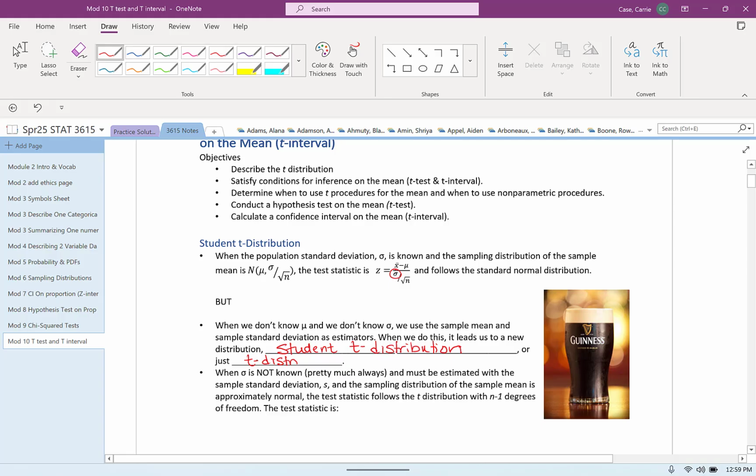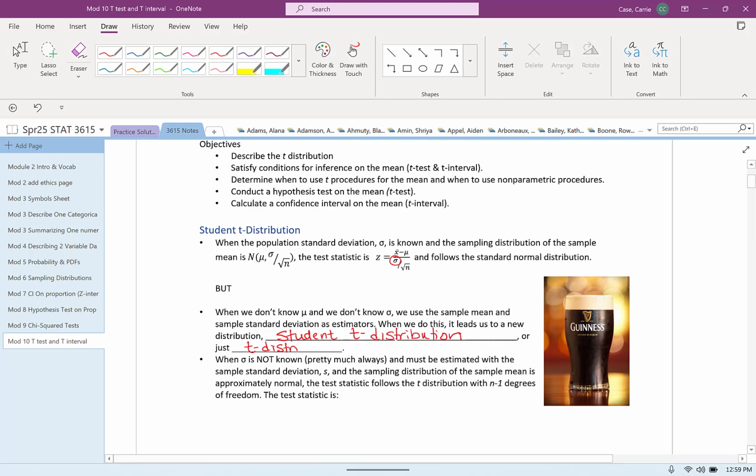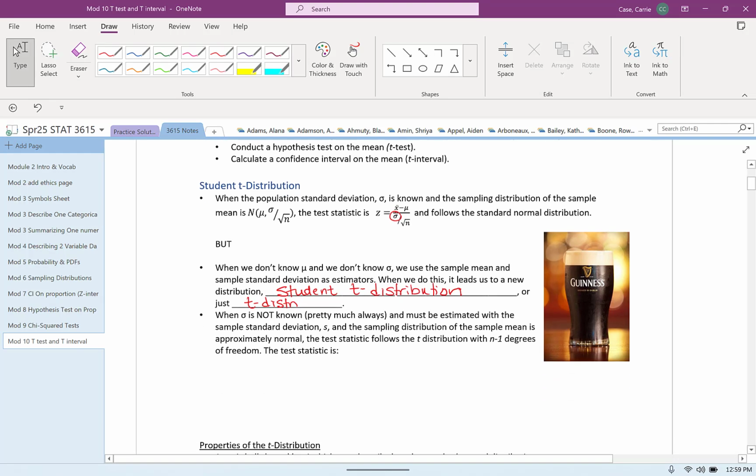So this distribution came about because a guy named William Gosset was working for Guinness Beer and he was trying to make a better beer. And I'm just going to keep the story as short as this. This happened in the early 1900s where they were using this different Z distribution, the standard normal distribution, and they weren't getting exactly the results they wanted.